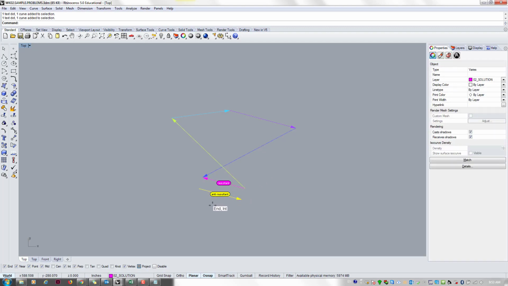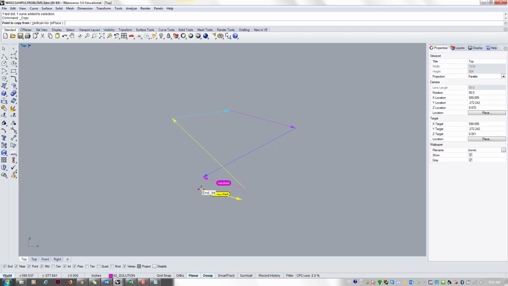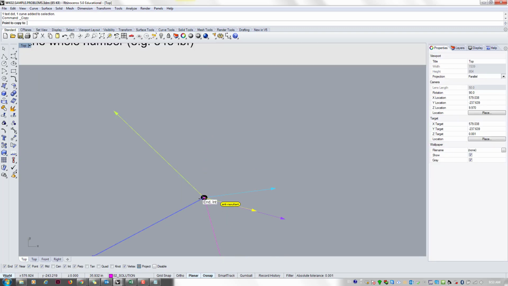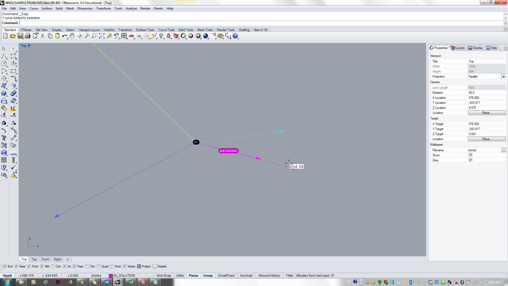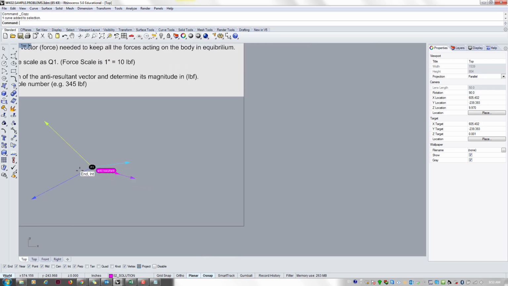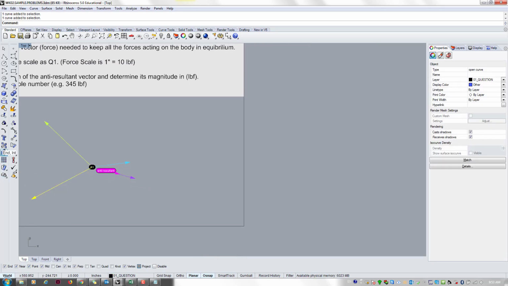So basically, if I had this as part of this system, which is actually awfully close to this one, then the addition of all these vectors would be 0.